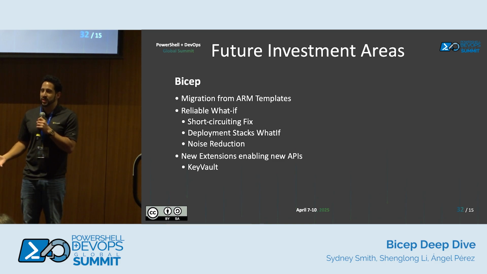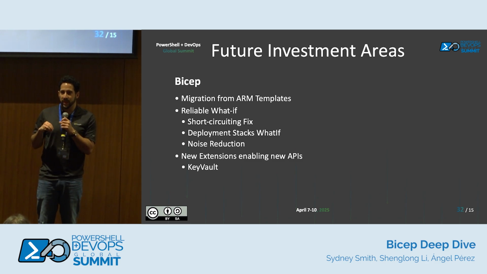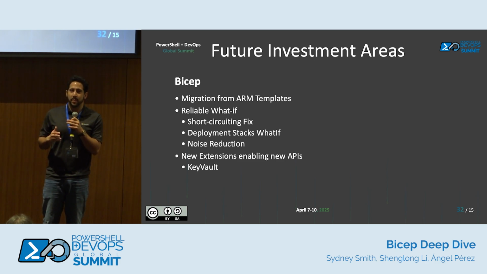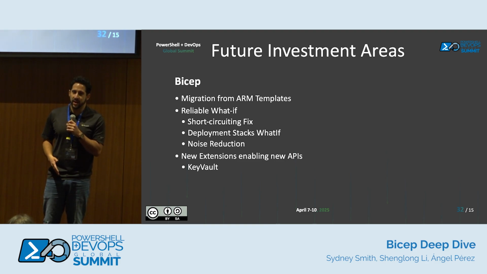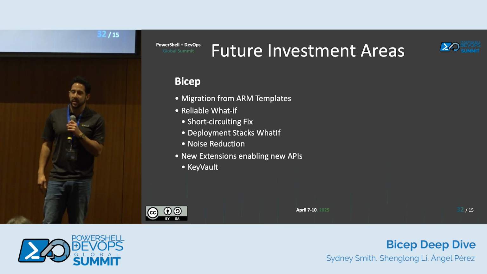Noise reduction is going to be based off the design of Stack's what-if. Since Stacks captures that intermediate state, we'll have more to work with in seeing what happened before and what's actually a noisy property. Noise reduction hasn't been started yet because we're working on Stack's what-if right now. So enabling Stack's what-if first will then give you a better noise reduction story with what-if.